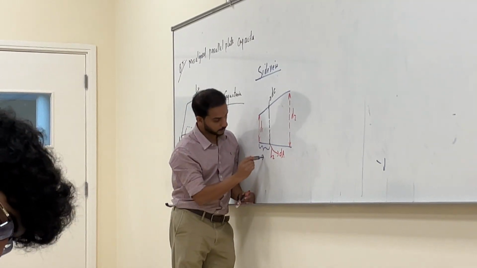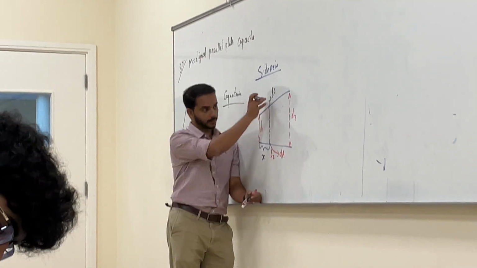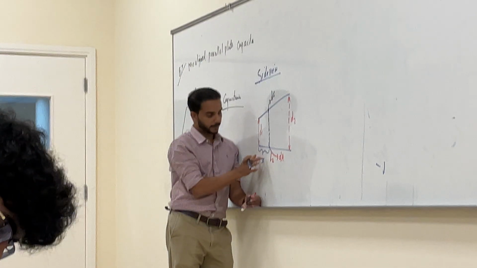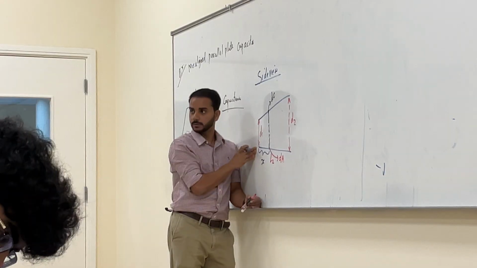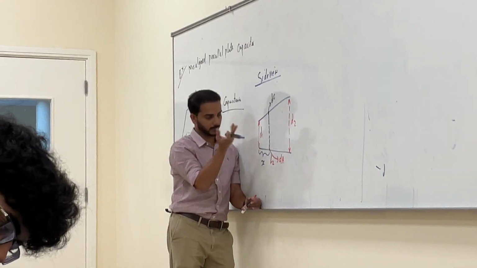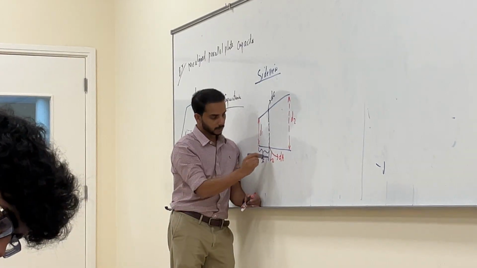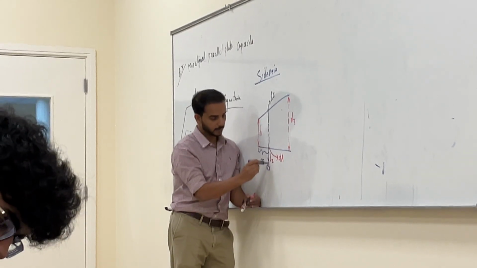So I assume this is the small capacitance I took at a distance of x from one edge. You can take it from anywhere. This small distance on the x-axis will be dx.